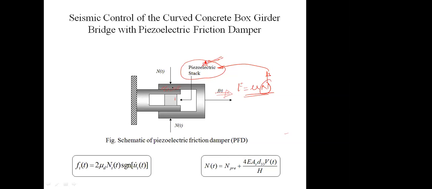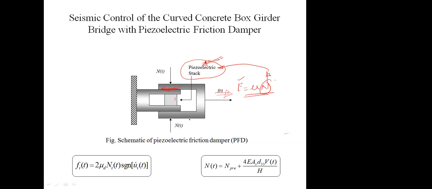Automatically this normal force varies, and according to that the friction force also varies, and then we get the forces. We can apply forces equal and opposite between the two stories, and we can reduce the damping response coming in the structure. We can apply the damping, and we can reduce the response of the structure.